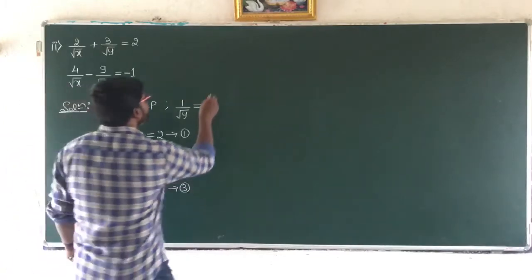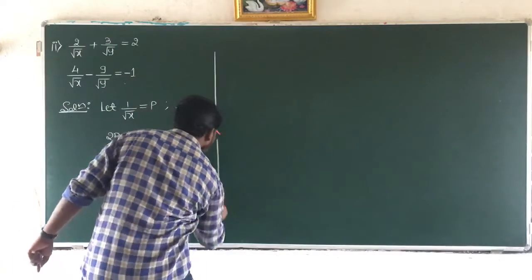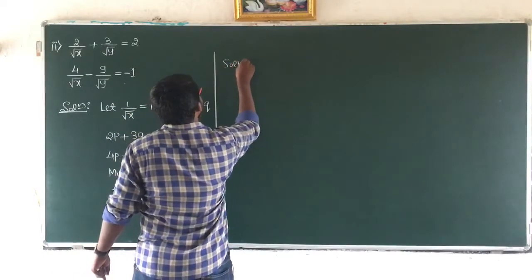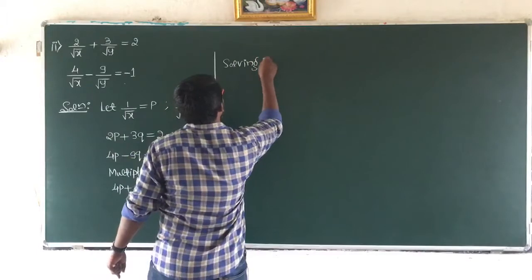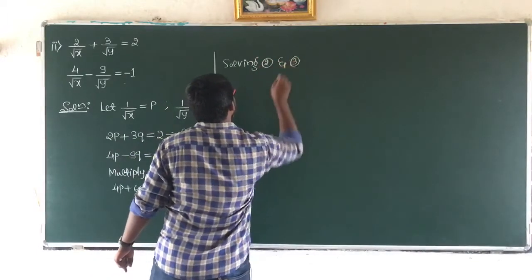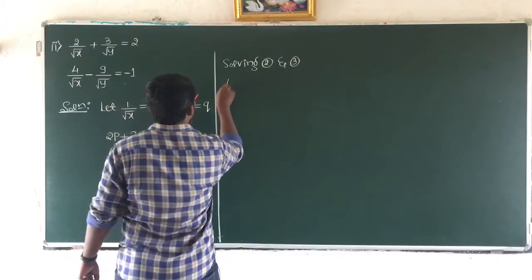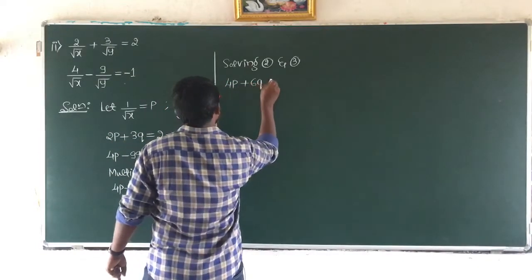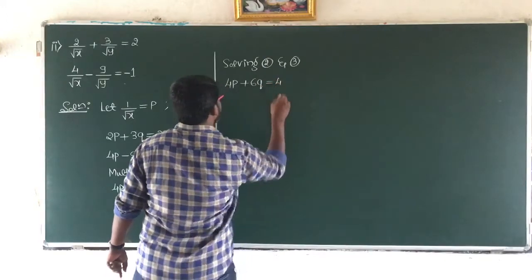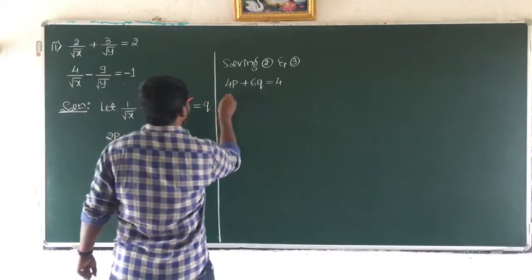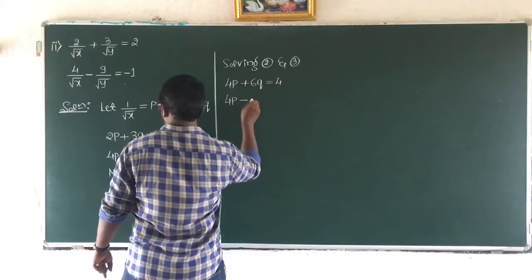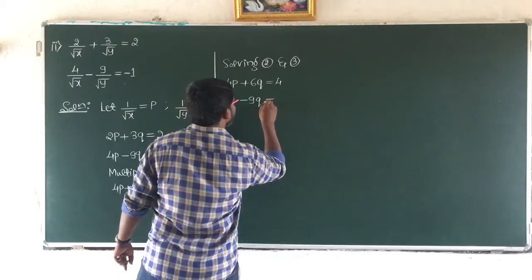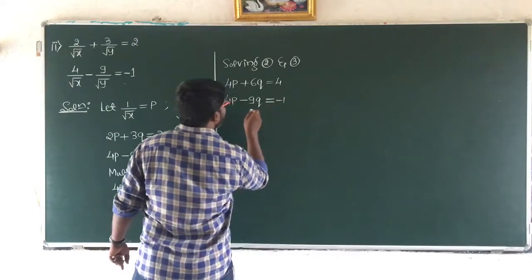So solving 2 and 3: 4p plus 6q equals 4, and 4p minus 9q equals minus 1.